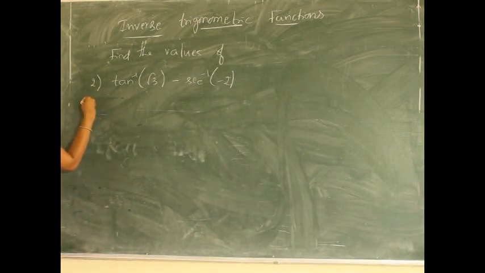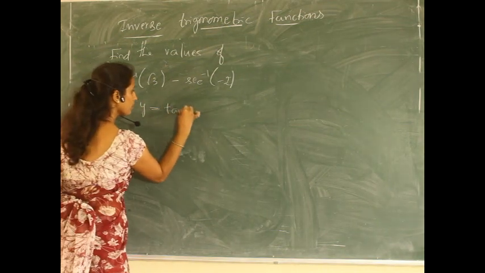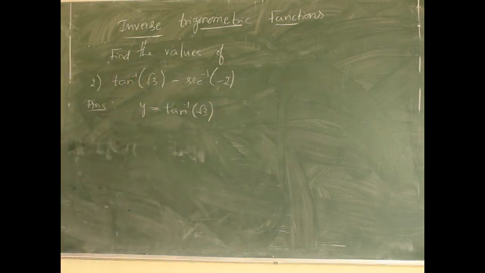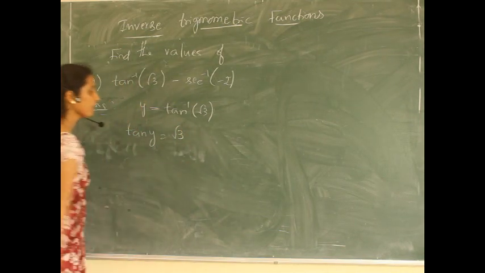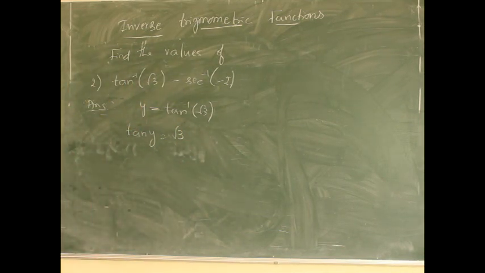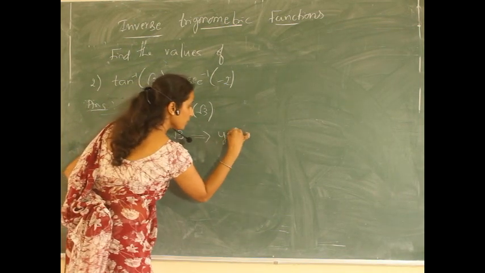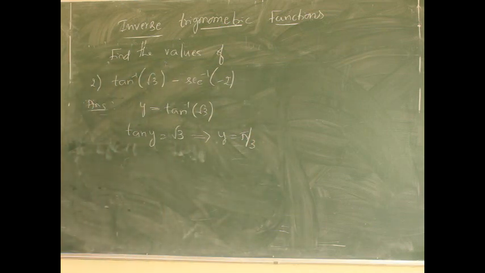Separately we can consider y equal to tan inverse of root 3. Then tan y is equal to root 3. If tan y is root 3, then y is equal to pi by 3. Again, secant inverse of minus 2.